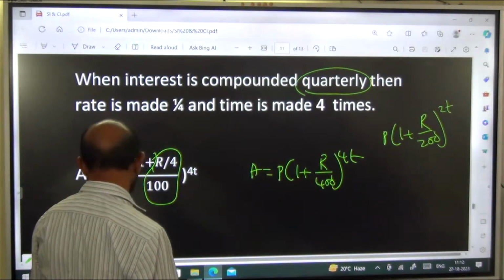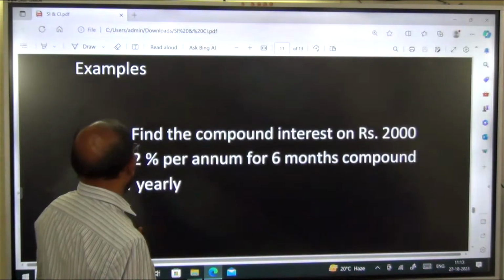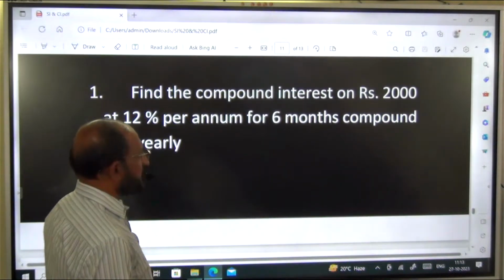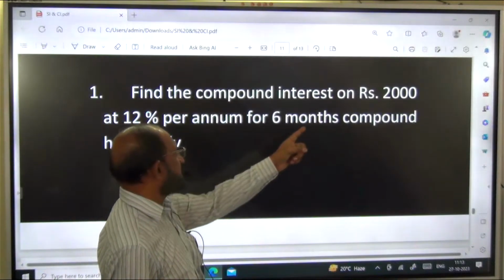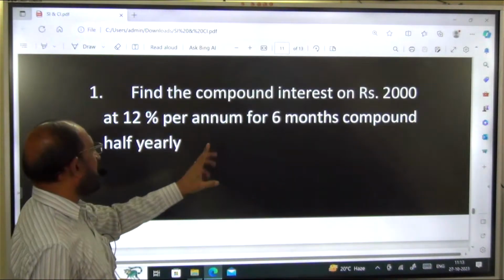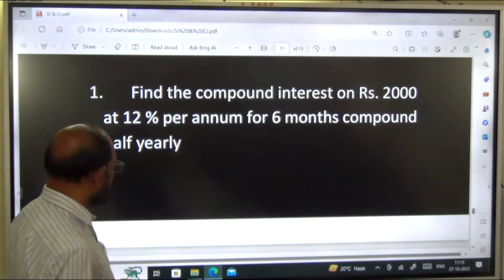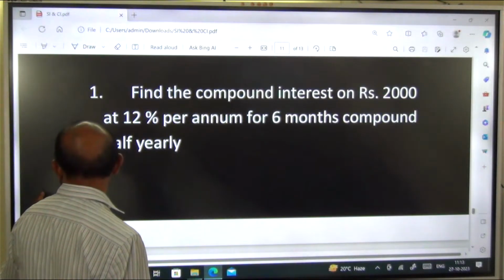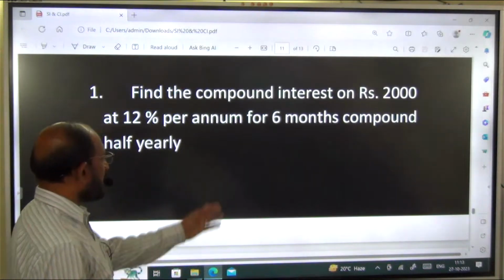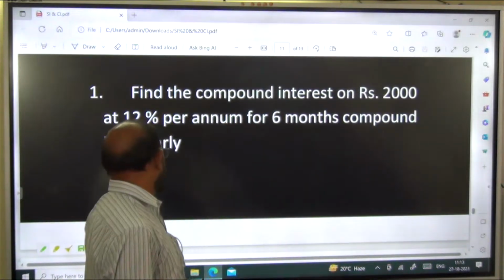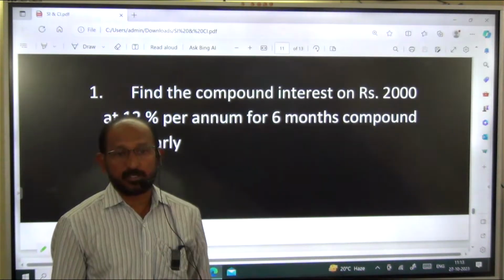Just some problems you'll see here. Find the compound interest on 2000 rupees at 12% per annum for 6 months, compounded half yearly. Direct 6 months, no? Half yearly means 6 months only, no?